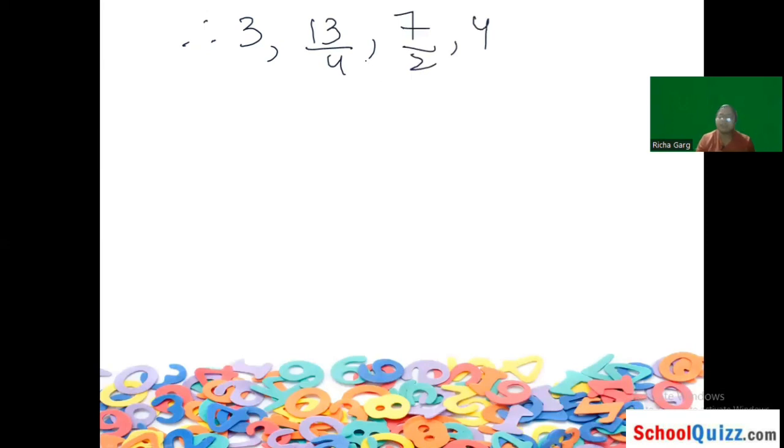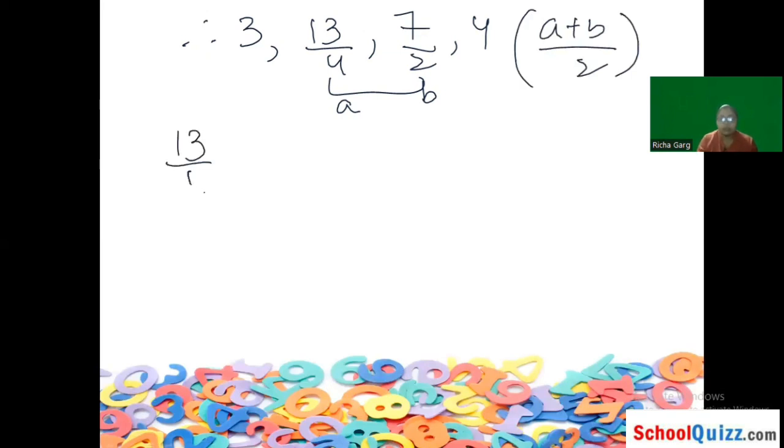Now you can take another group as you want, but I am taking the center one because the LCM is easy. So now A is 13 by 4 and B is 7 by 2. So A plus B upon 2 again. Formula will be same. So 13 upon 4 plus 7 upon 2, divided by 2.